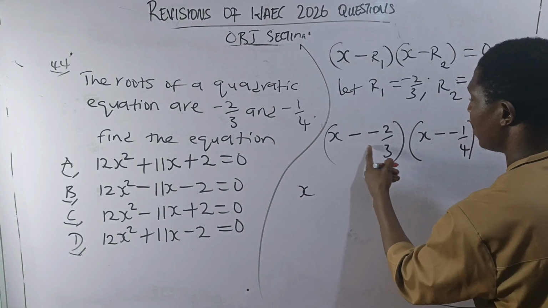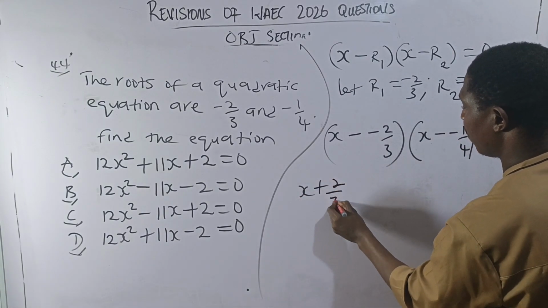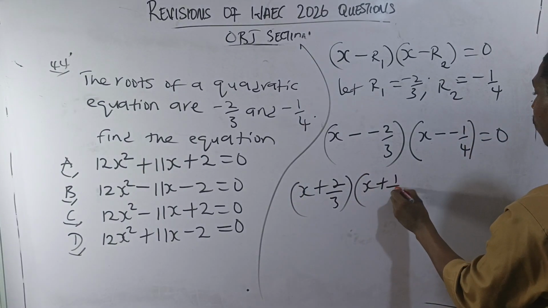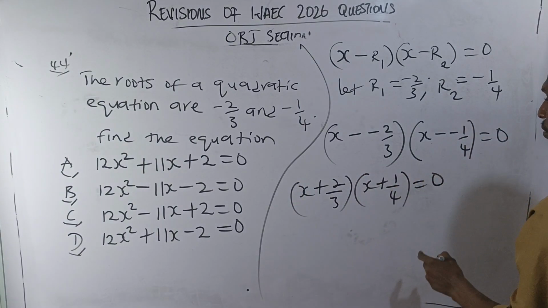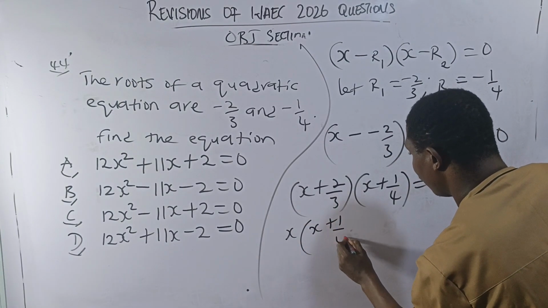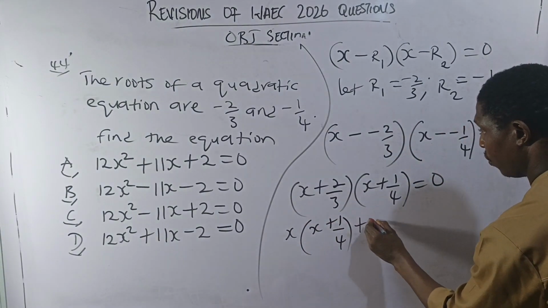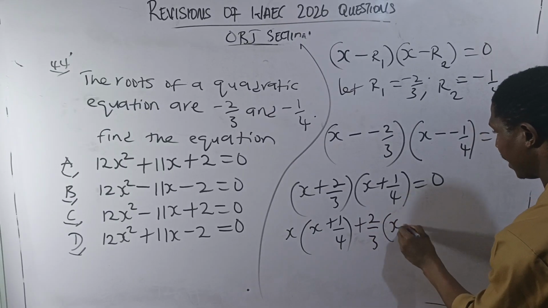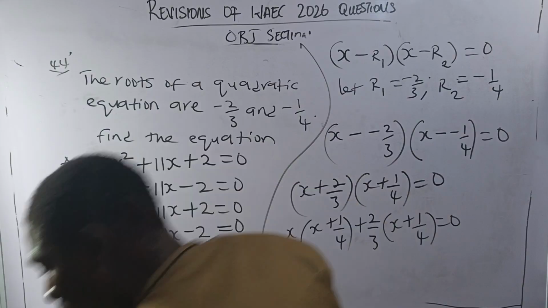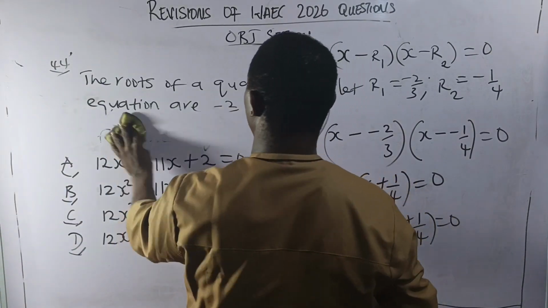So this will give me (x plus 2 over 3)(x plus 1 over 4) equal to 0. I will multiply this out, so I have x(x plus 1 over 4) plus 2 over 3 (x plus 1 over 4) equal to 0. I can clean the top without the options.